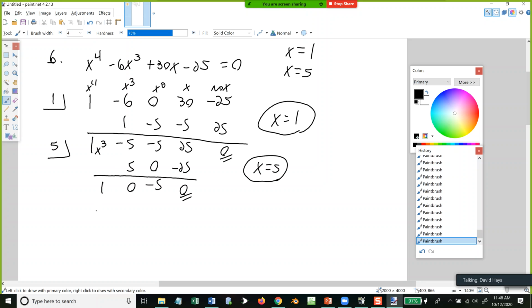And now we're down to x squared, and this is x, and this is our constant term, or no x. Again, when you have your middle terms missing, it makes it simpler. So I got x squared minus 5 equals 0. Take negative 5 over to the right side, becomes positive 5. Drop the squared, put a plus or minus square root on the other side.